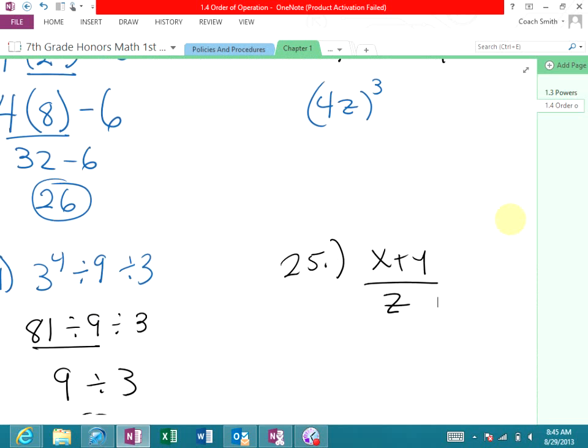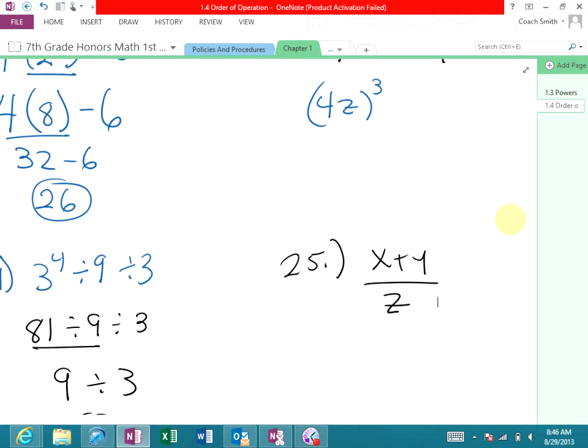Okay, when we have the fraction bar, it is just a grouping symbol. All the bar says is to do either the top first and then the bottom, or the bottom first and then the top. That's all the bar does. They also call it a division bar, but it's a form of a grouping symbol.